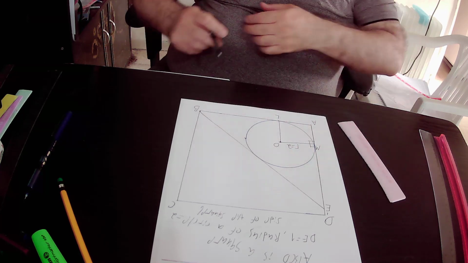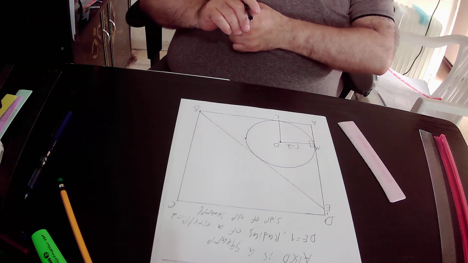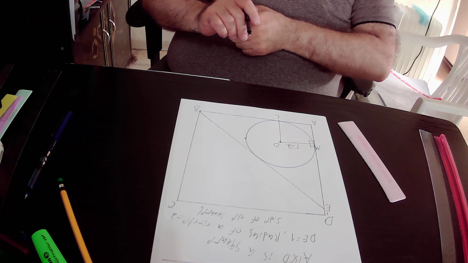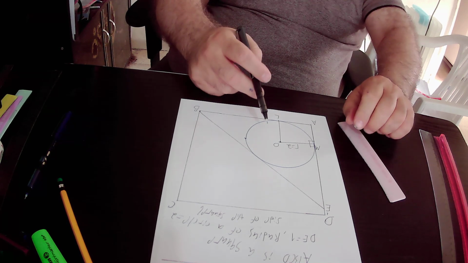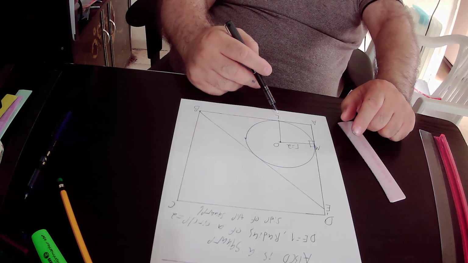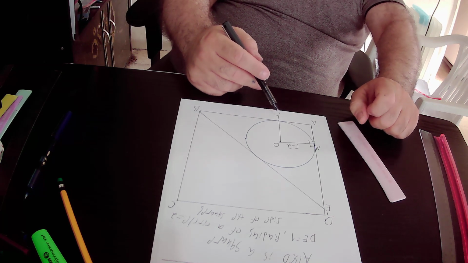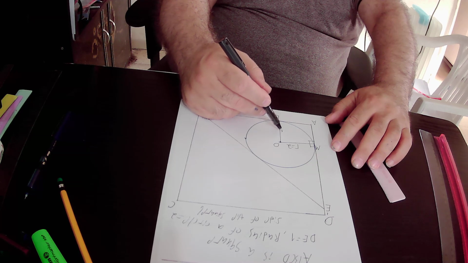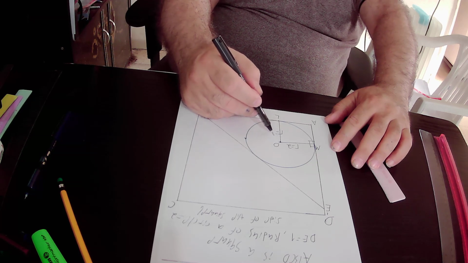Here, line segment LO is the radius of this circle. Why? Because it starts from the center of the circle and ends at point L, a point on the circle itself. This is exactly the definition of a radius. So OL equals R, that is 2 units.